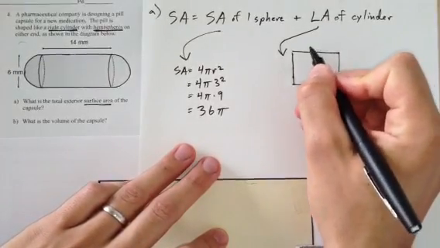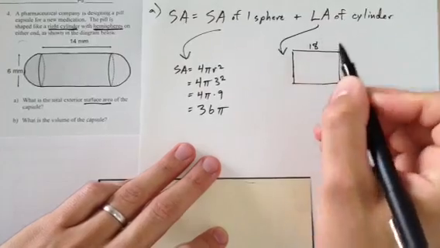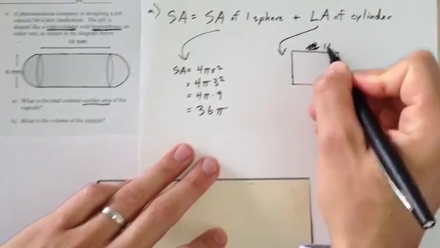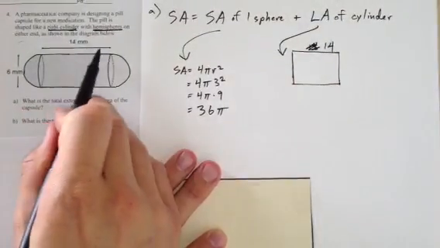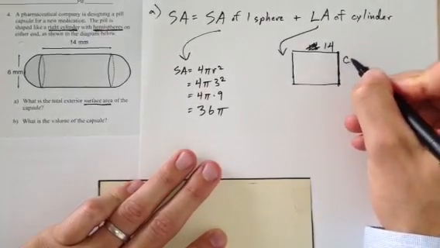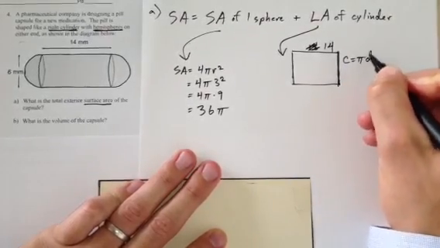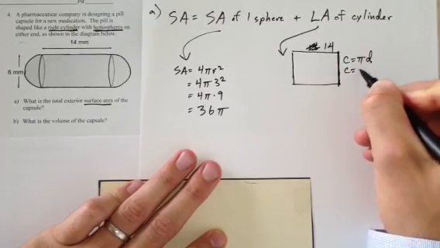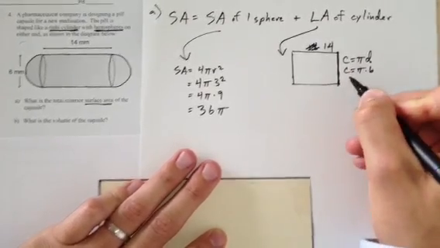I know that my height is 14, because that's what it tells me in the problem. And this distance is the circumference of the circle. C equals pi times d, or C equals pi times 6 in this case.